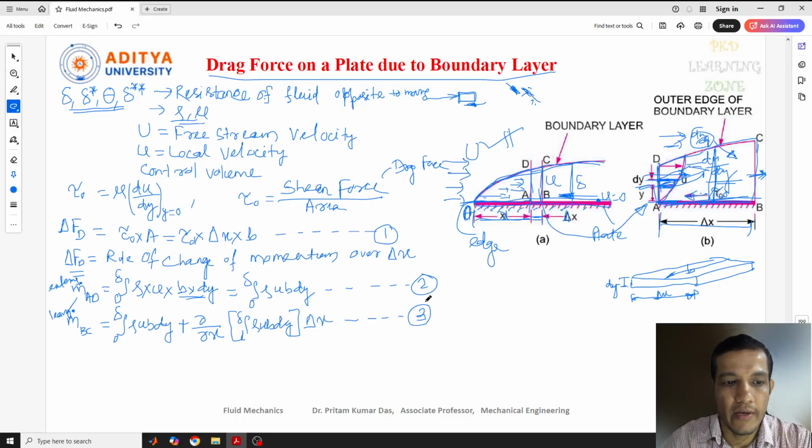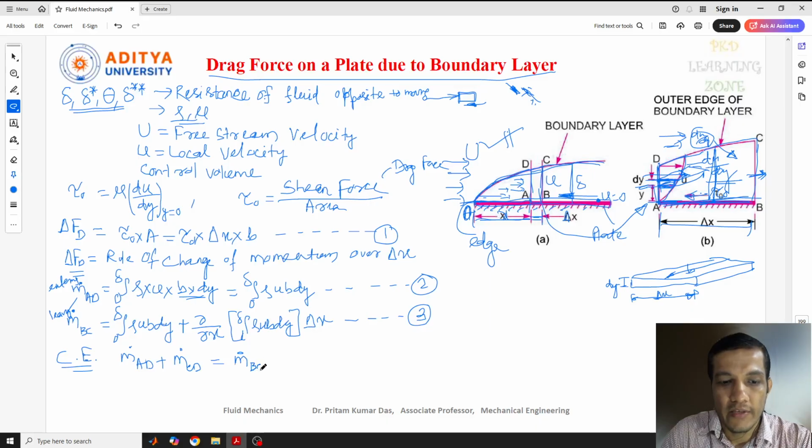Now in the same way we can find out what is entering the CD side. How do we identify that? We'll apply the continuity equation here. As per the continuity equation, the mass rate of flow entered, that is m dot AD, plus how much is entered through CD, m dot CD, is equal to how much is leaving.